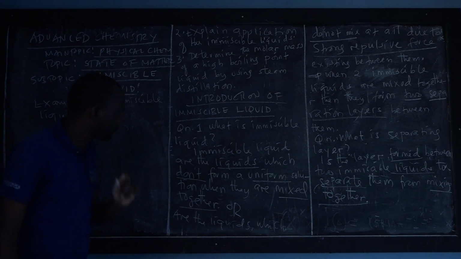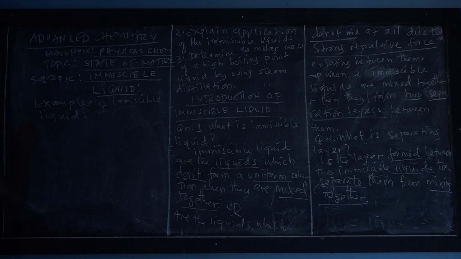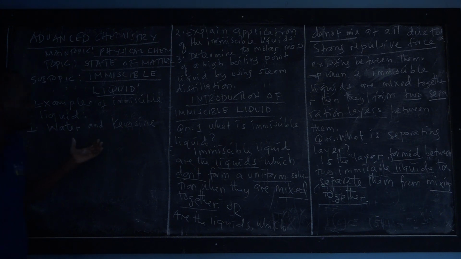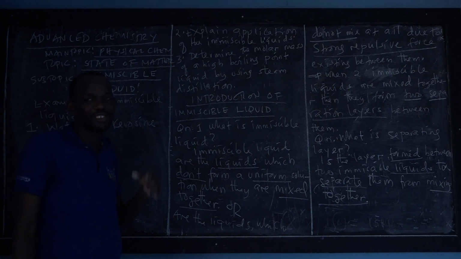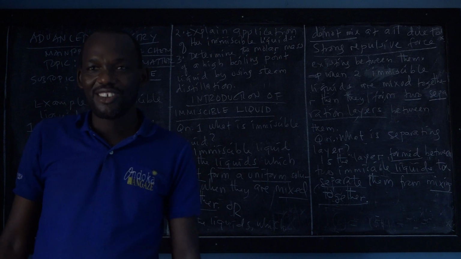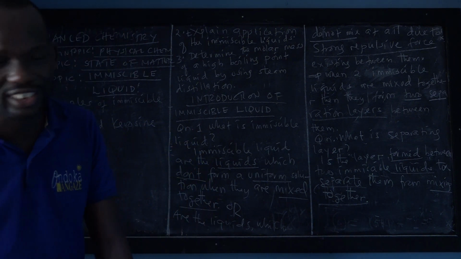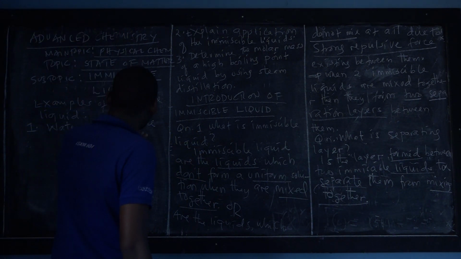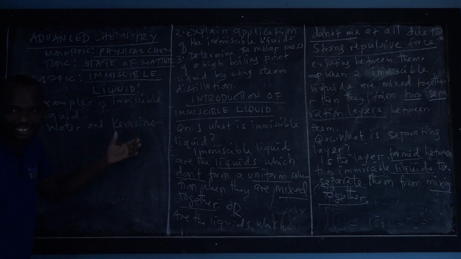So let me confirm your thinking. The first example of immiscible liquid is water and kerosene. Water is a domestic solvent. Kerosene is a domestic solvent, right? Water is used for drinking and different domestic applications. Kerosene is used for lighting, for cooking, and for different purposes.